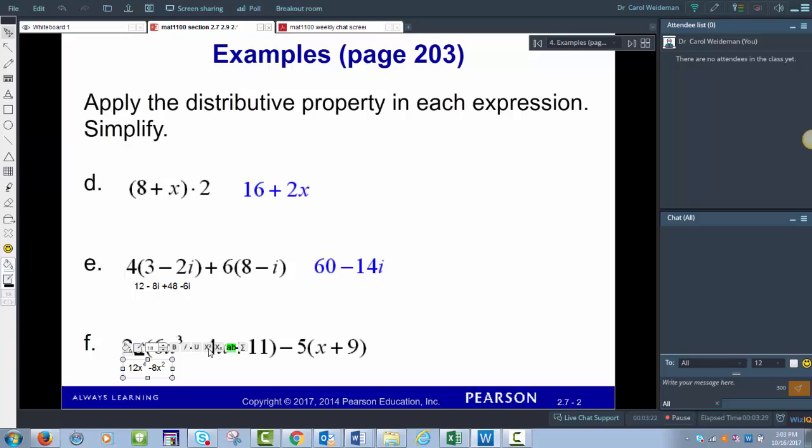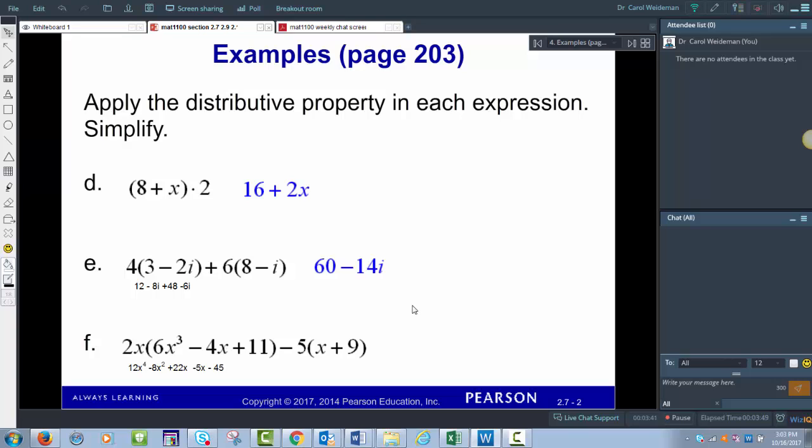And then I have plus 22x. Oops, x. And then on the second distribution, I'm going to do minus 5 times x gives me minus 5x, and then minus 45. And then I'm going to go ahead and look and see, do I have any like terms? And I actually don't.